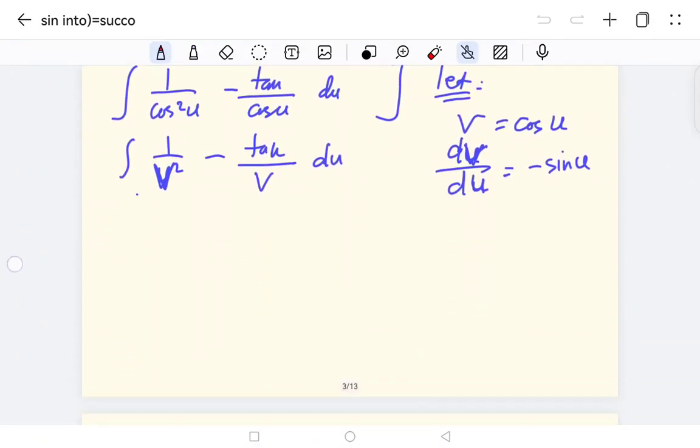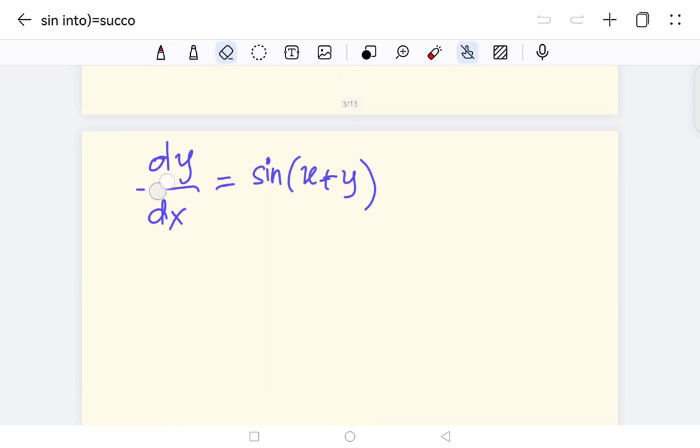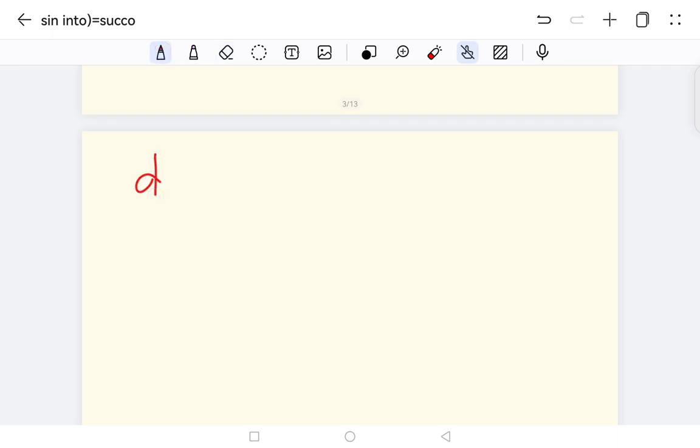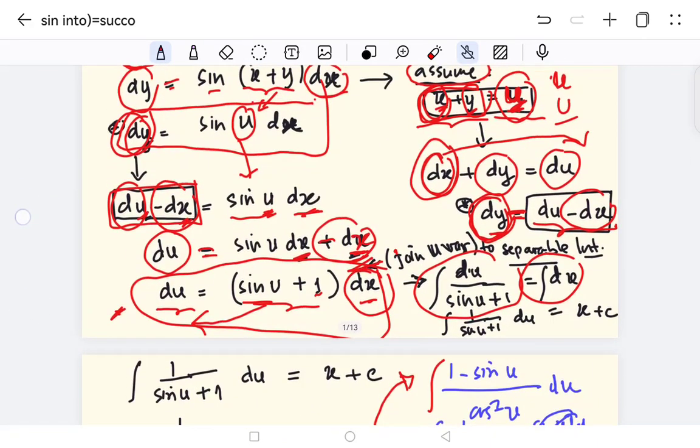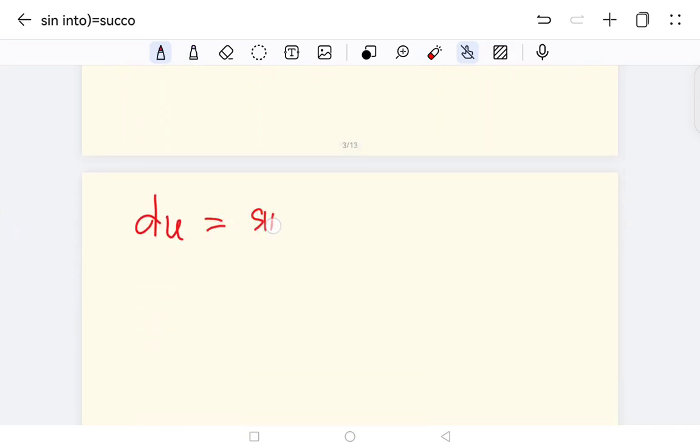Before, I have du equals sine u plus 1 dx. So this is u and this is u. Better to join u with u.